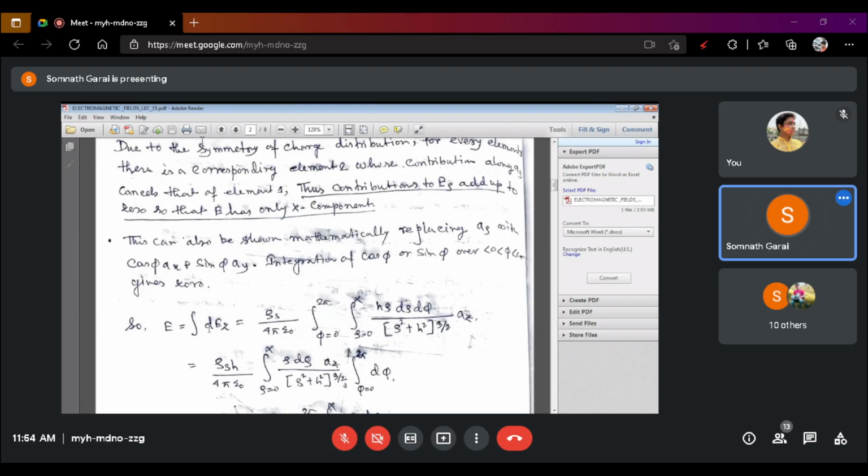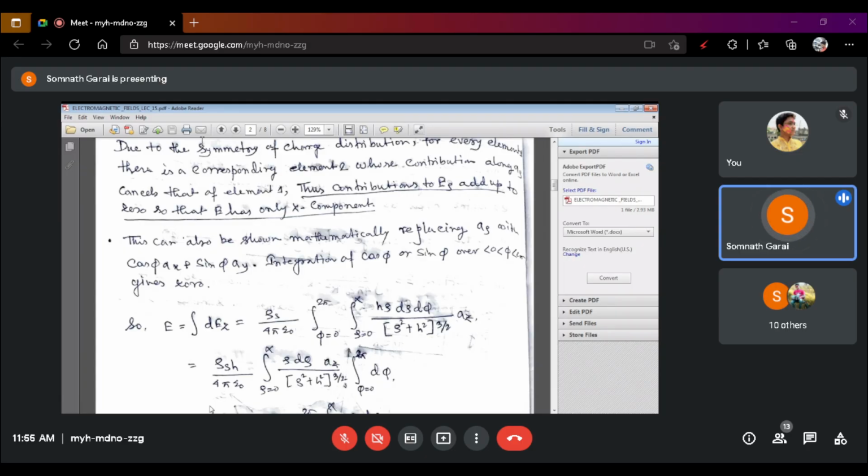the integration over the Z component, rho s by 4 pi epsilon naught being constant. There are two variables, one is rho, another is phi. So phi in the cylindrical coordinate varies from 0 to 2 pi, and rho varies from 0 to infinity.